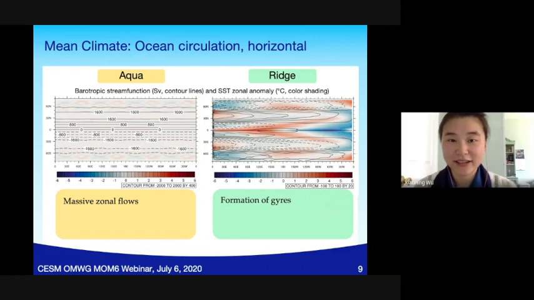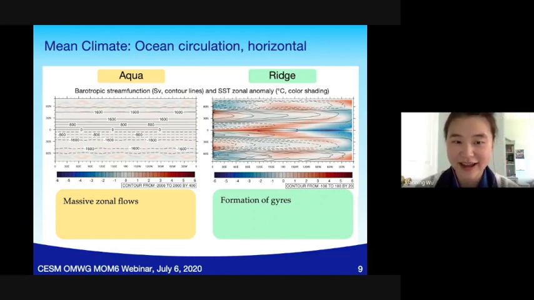Looking at the ocean circulation in the vertically integrated sense, here we see the barotropic streamfunction overlaid on the zonal anomaly of SST. On Aqua, we see very little zonal anomaly, as we designed it, except for the imprints from the bottom topography, which are more easily seen in the higher latitudes.